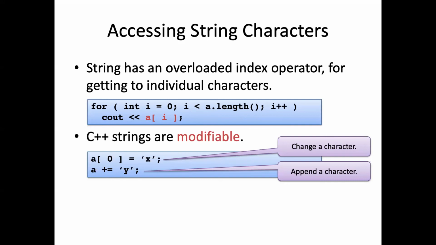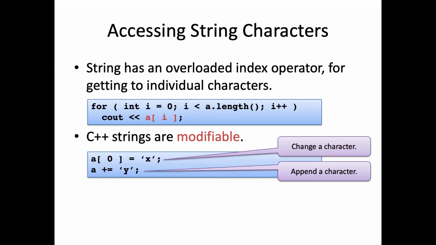In C++, they overloaded the square bracket operator so that you can use strings using array syntax. Strings are not arrays. They are an object. They're a class. But just like you can overload other operators, you can overload the square bracket operator, and they already did, so that if you say a bracket i, you're asking for the ith element of string a, just like you would for an array.